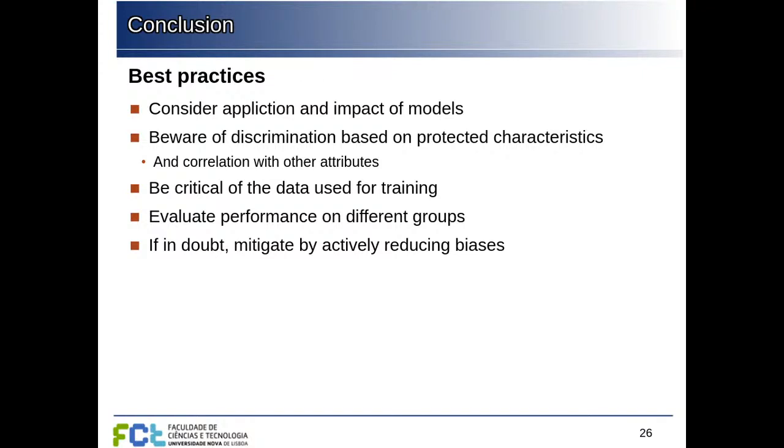Consider how the model will be applied, what it will be used for, and what impact it can have on people. So that gives you an idea of how important fairness considerations are in each particular case. We must be aware of anything that can be used by the model to discriminate based on those characteristics that should not be used.